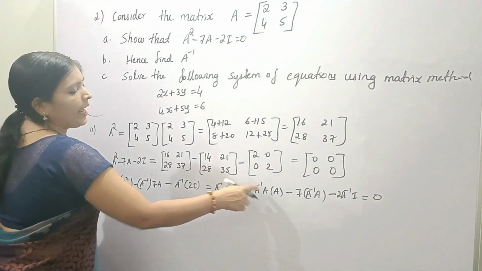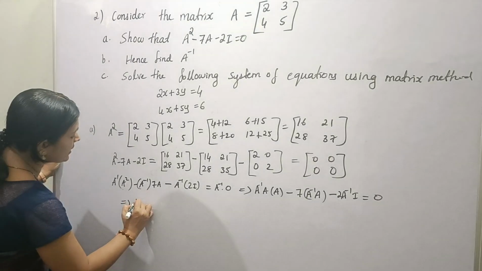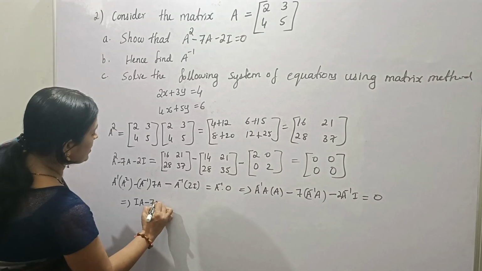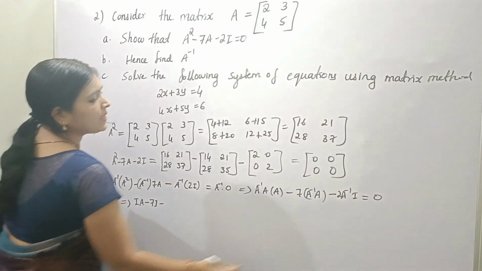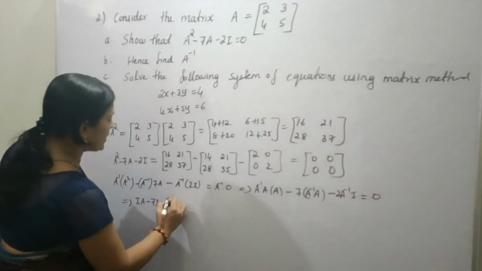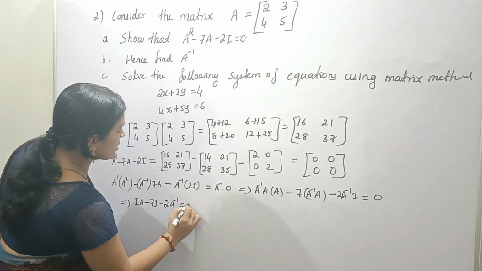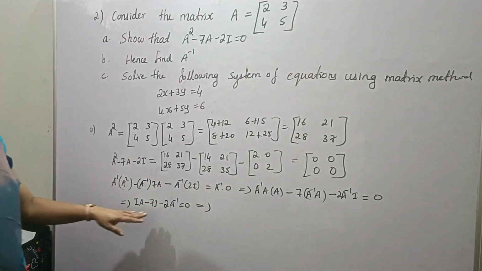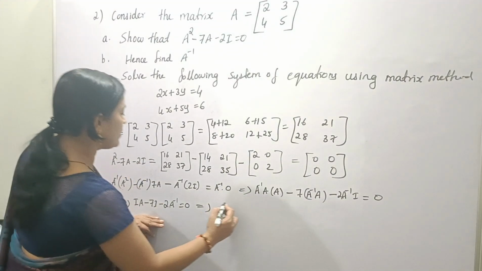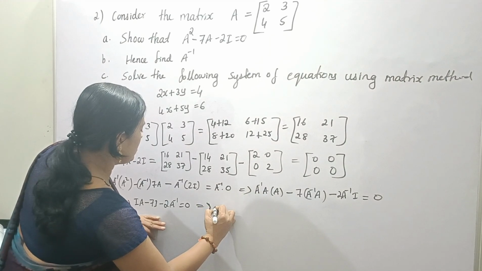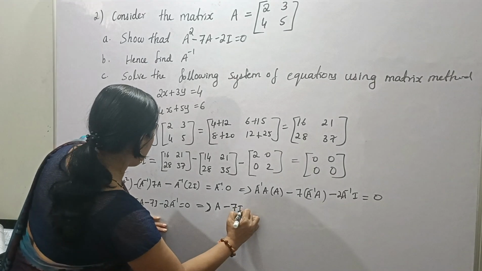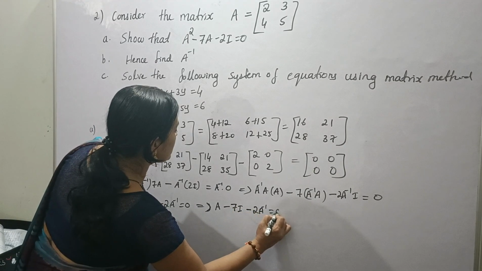That implies A inverse A is nothing but the identity matrix I, so I into A minus 7I minus 2 into A inverse into I, which is A inverse itself. So 2 into A inverse is equal to 0. Then I into A is A itself. So A minus 7I minus 2A inverse is equal to 0.